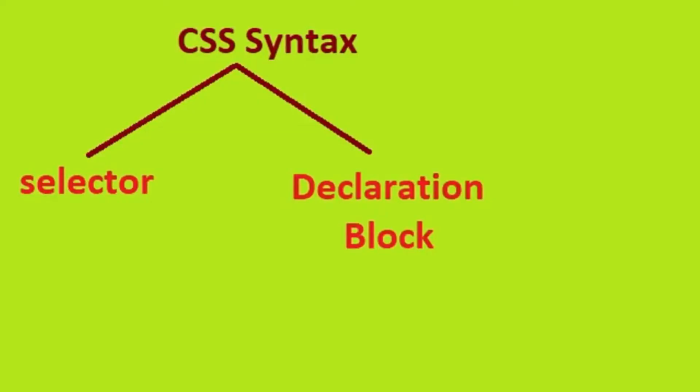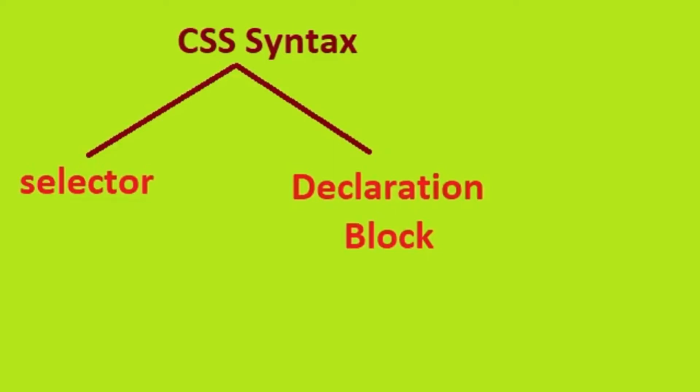So friends, let's talk about CSS syntax. In syntax, we have two main parts: selector and declaration block. Selector indicates the element that we want to decorate. It can be a paragraph, it can be a heading, it can be an image, or it can be anything.